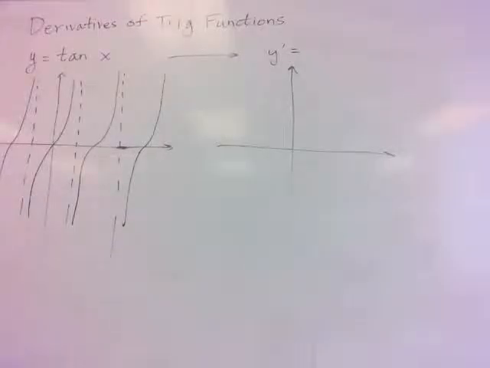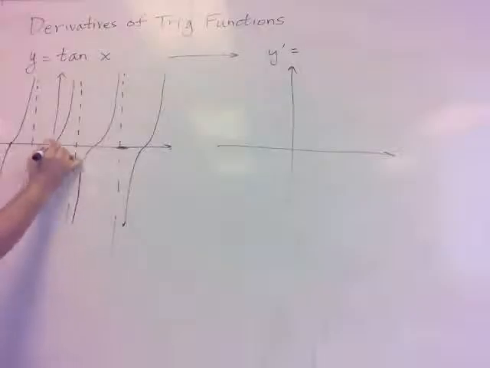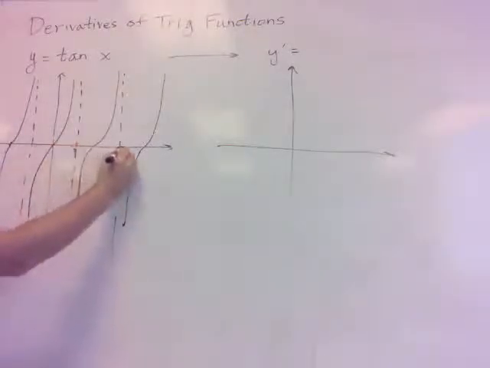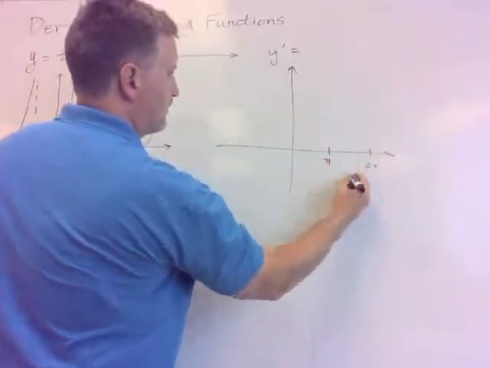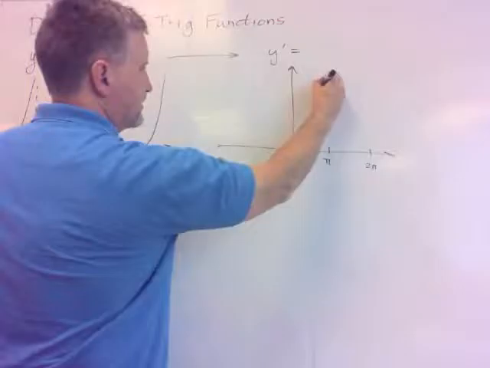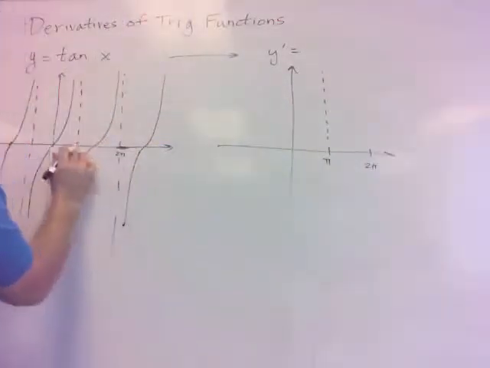But here's what we can say. If you go out further here, it gets steep, and then it kind of levels out here, and then it starts getting bigger again. By the way, this is 0, this is pi, this is 2 pi, right? Well, it turns out you've got those breaks also in, pi over 2, I'm sorry. These are at pi over 2.